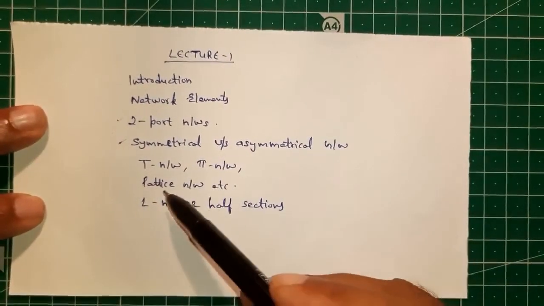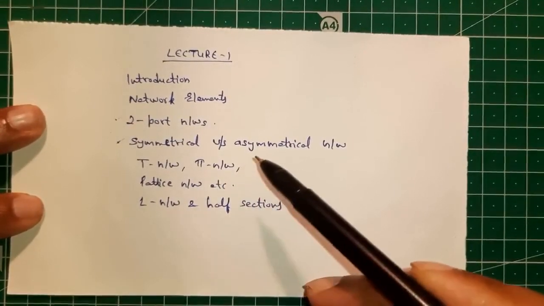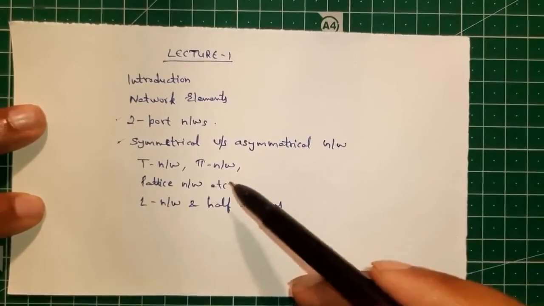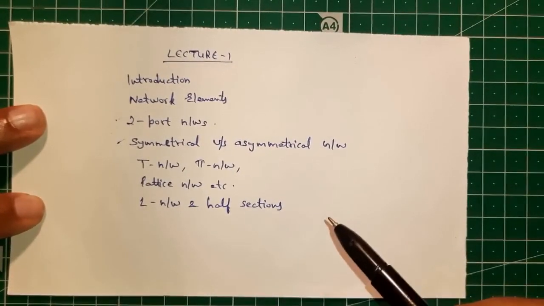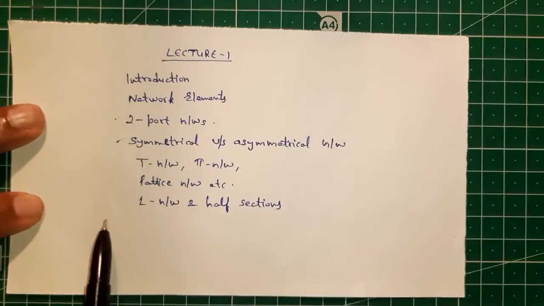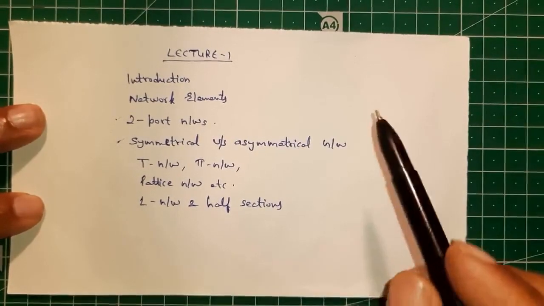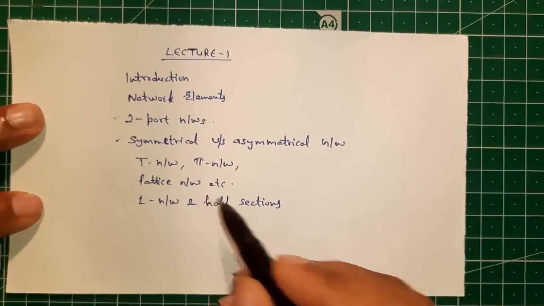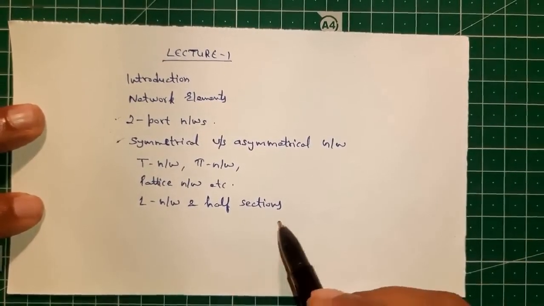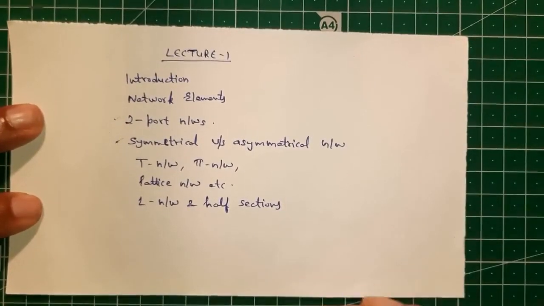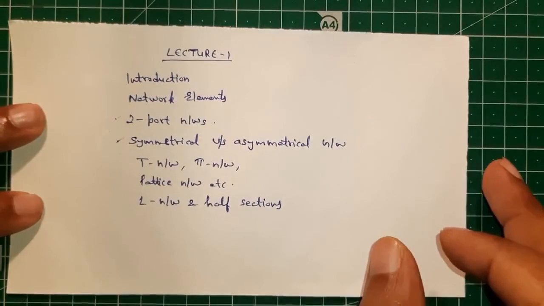So we are focusing mostly on T and pi networks for transmission lines, and when we move to filter design, we will see other networks such as lattice networks, etc. Then we have visited asymmetrical network, which is the L network, and we have seen how we can view a T network or a pi network as its equivalent half sections. Okay, with that we conclude this lecture 1.